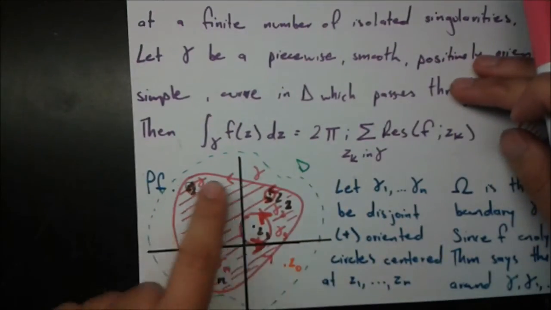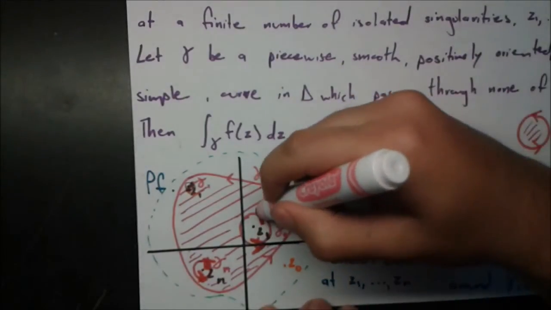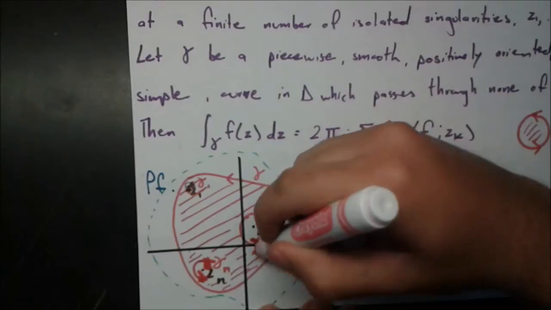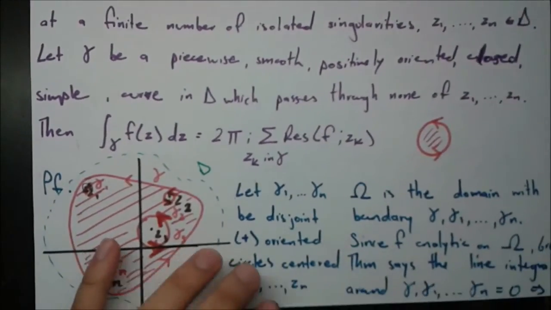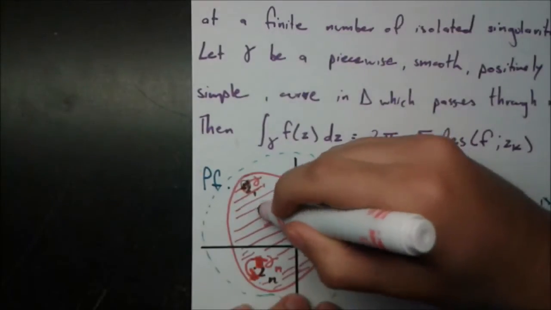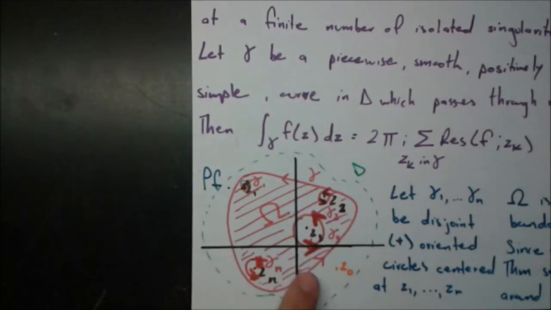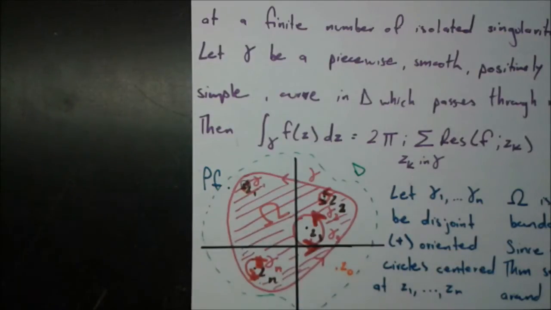We see, even though these might be too small to see, look at this gamma 3. This is pretty big. The lines I've drawn here are going like this, and like this. So it's going counterclockwise, and that's the positively oriented circle. Now you have to distinguish that from if someone comes up to you and says, let the boundary of this, we're going to call this omega, all this space that's inside gamma but outside all of these circles, be positively oriented, then you have to do a different thing.